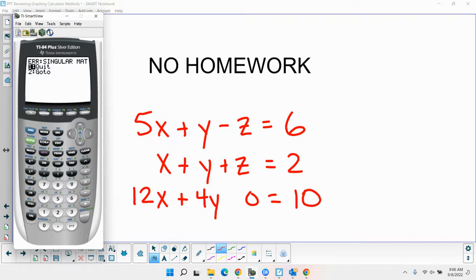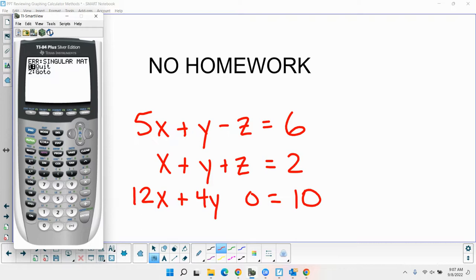Okay, so that means what? There's no solution. Okay? There's no solution. So if you got a solution, you probably put a 1 there where the z should have been instead of a 0. Okay? So no solution is okay.